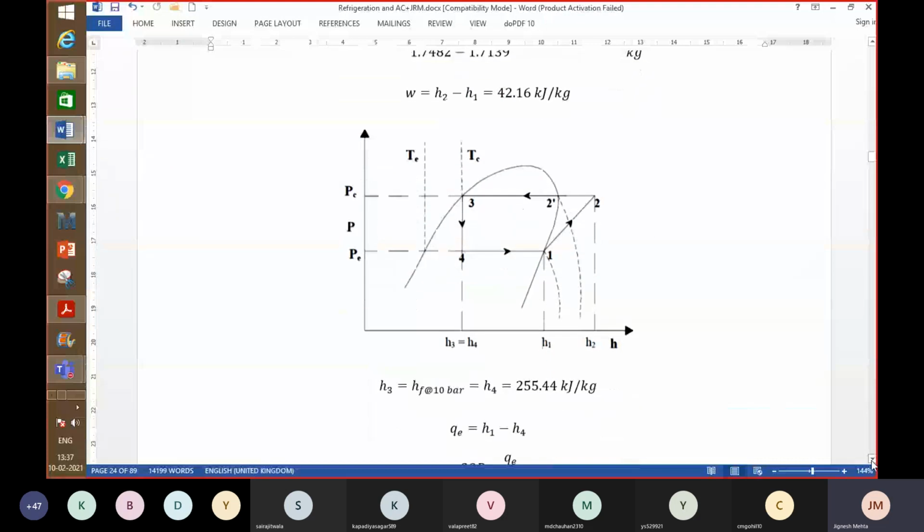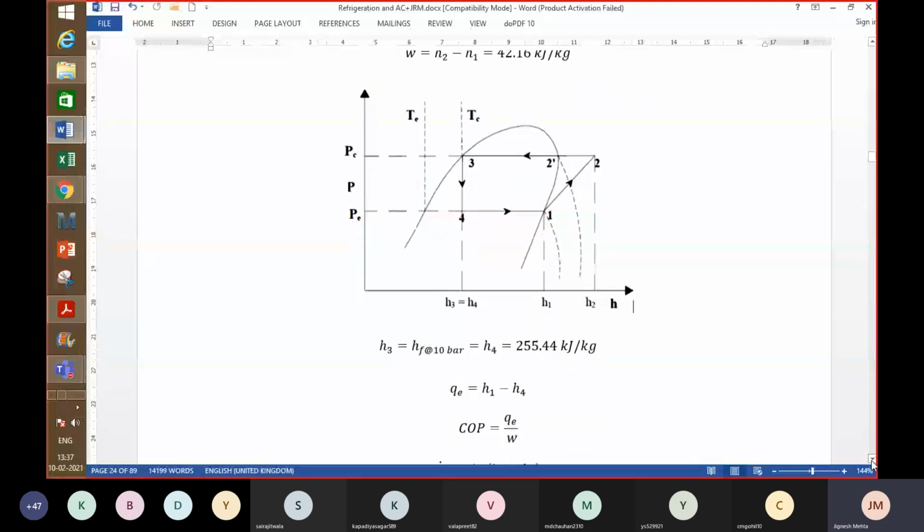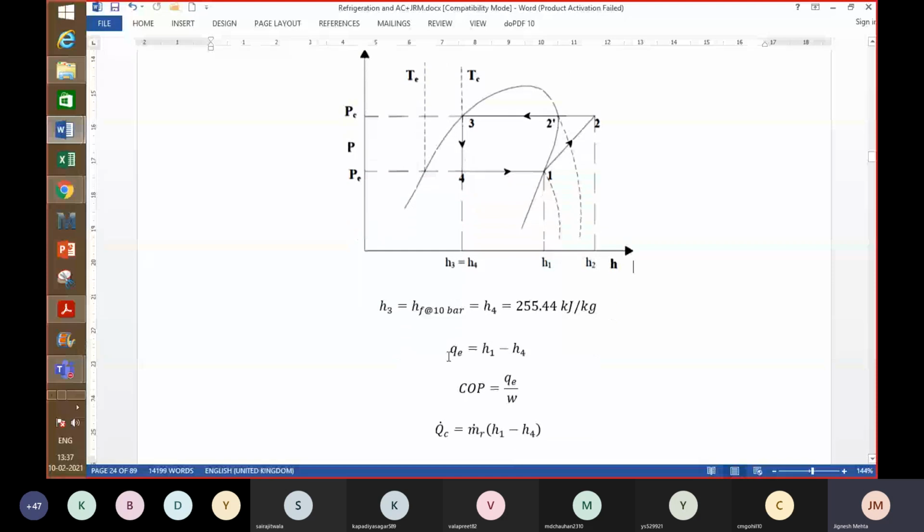And QE, that is the cooling effect, is H1 minus H4. You can see that I am always writing the higher enthalpy number minus the lower enthalpy number because we are interested in the quantity and not the direction, or rather you already know the direction, right, from where it is coming and where it is going, what is rejecting it and what is gaining it.